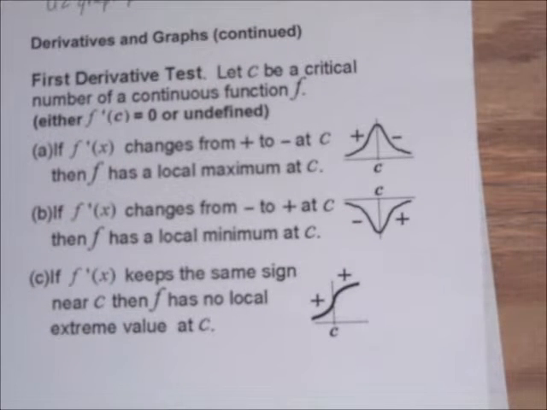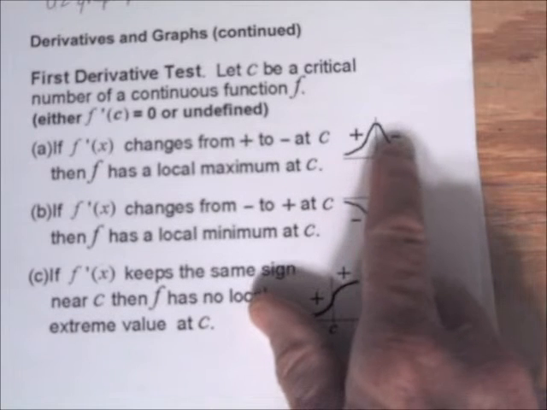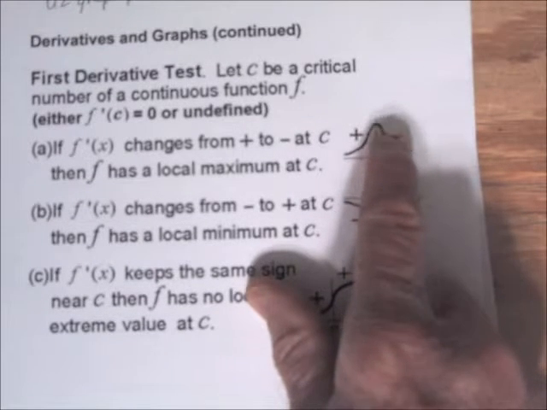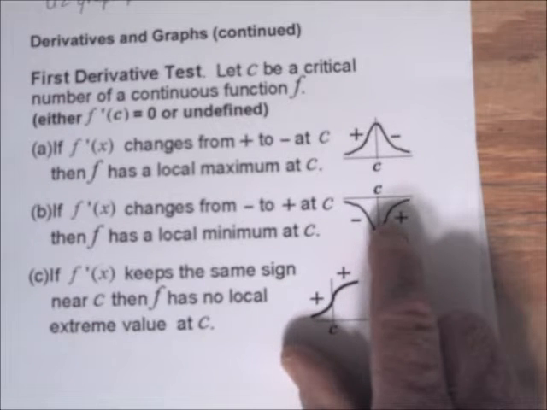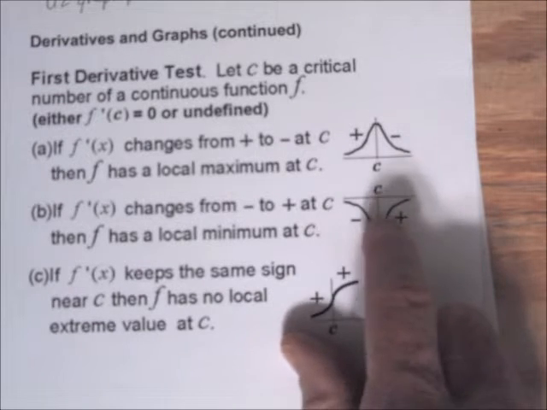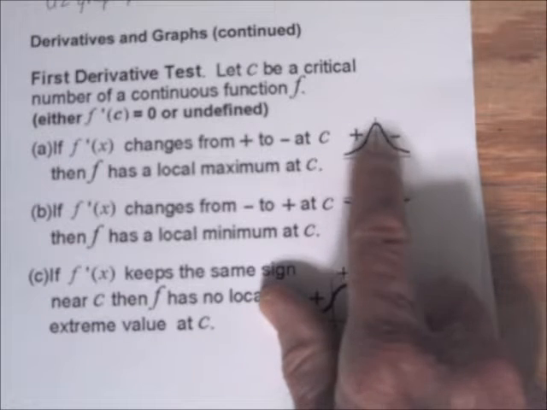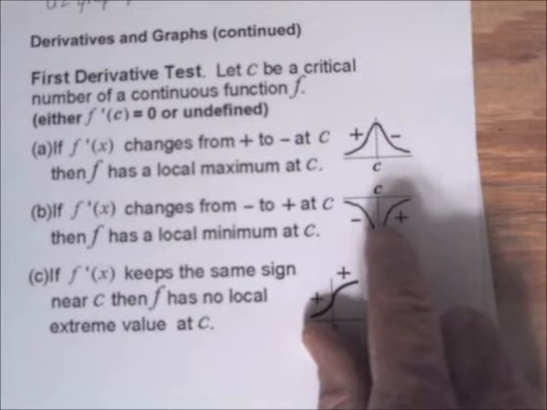The first derivative test: let c be a critical number of a continuous function f, which means that either f prime of c is 0 or it's undefined. If f prime changes from positive to negative, then f has a local maximum. So we have positive slope and then negative slope. If it changes from negative to positive, it's a local minimum. Positive to negative, local max; negative to positive, local minimum.